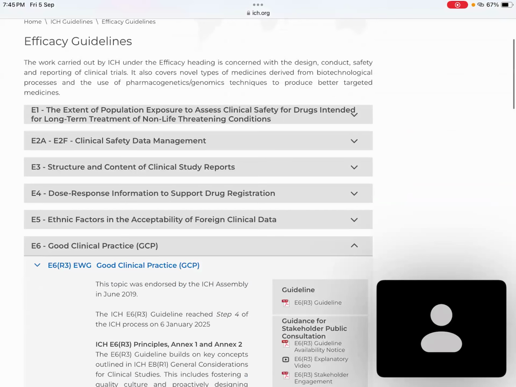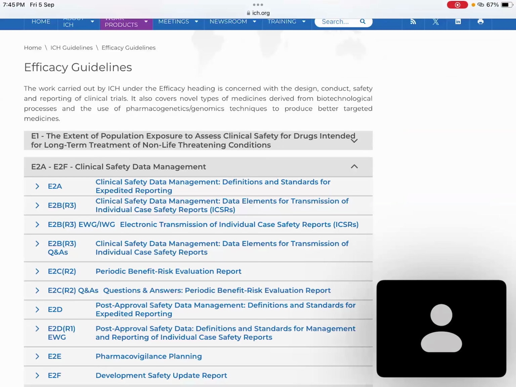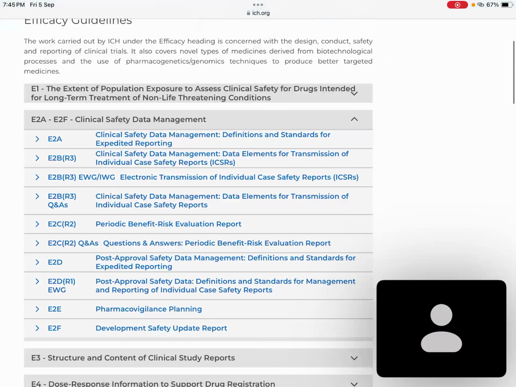Now, being a pharmacovigilance associate, here are E2A to E2F. All these guidelines are related to clinical safety data management. What is safety? Our pharmacovigilance program. See, first is on your definitions. Second is how to process individual case safety reports. The E2C guideline is the periodic benefit risk evaluation report.